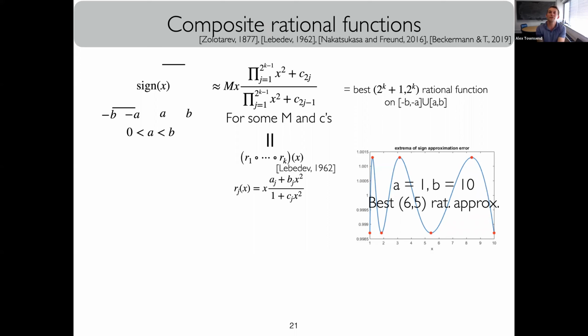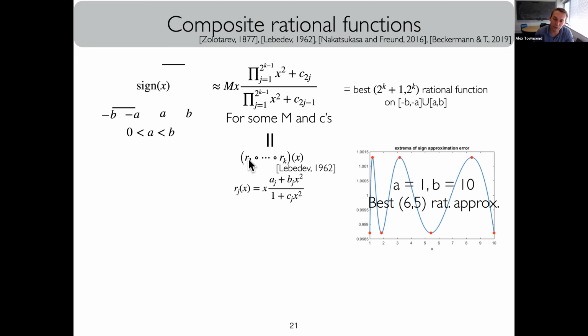But Zolotarev seemed to potentially know that you can actually represent this rational function by a neural net, a rational neural net, where the width is 1 and the depth is k.